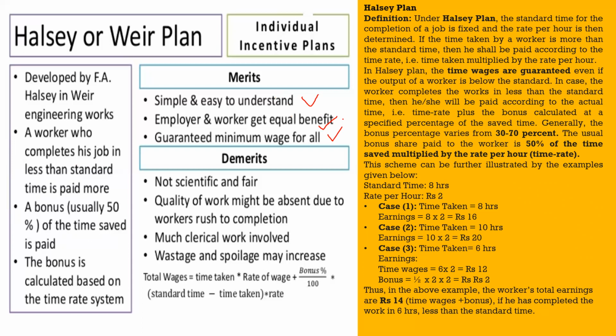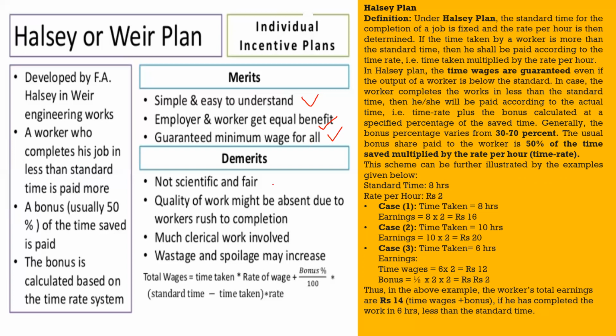You're saving the time of an organization as well as completing whatever the organization was expecting, and you are receiving a good bonus out of whatever time you have saved. That is a kind of productivity for an organization as well as for you. So, guaranteed minimum wages for all.